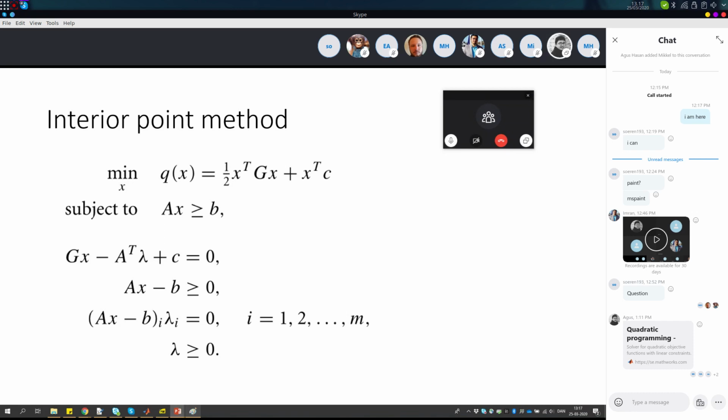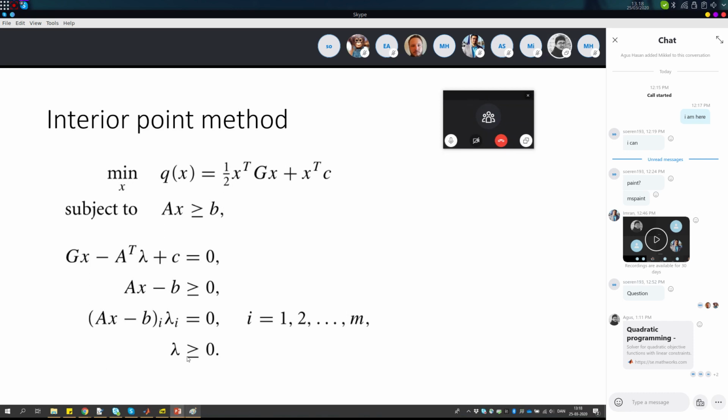The second KKT condition is the inequality constraint itself, and the third one is the complementary condition, which says that either the constraint is active or the Lagrange multiplier is equal to 0. And since this is an inequality constraint, we have positivity in the Lagrange multiplier. So these are the KKT conditions.